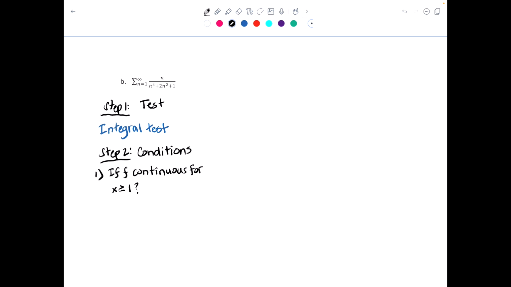Yes, because when you plug positive numbers in here, there are all positives in the denominator and the numerator, so there will be nothing that will zero out your denominator, because you've got things that are being raised to an even power, like n to the 4th and n squared, and you're adding everything. So we're going to say yes.